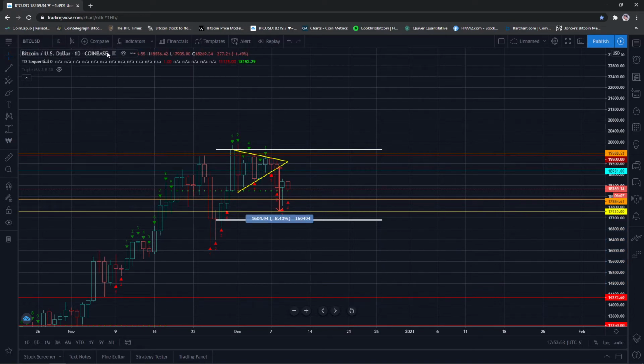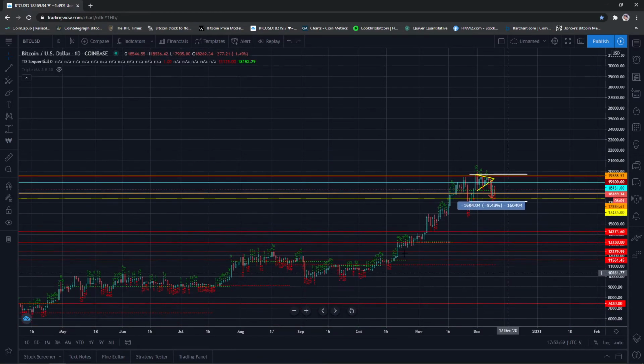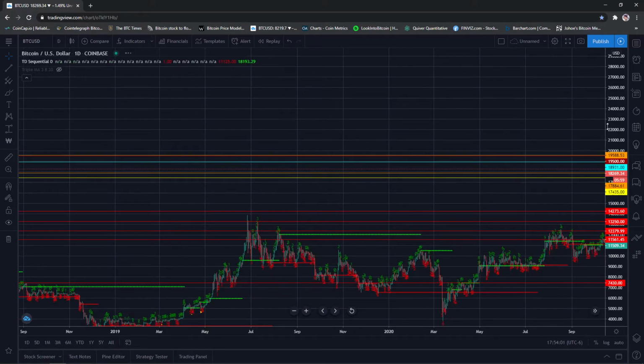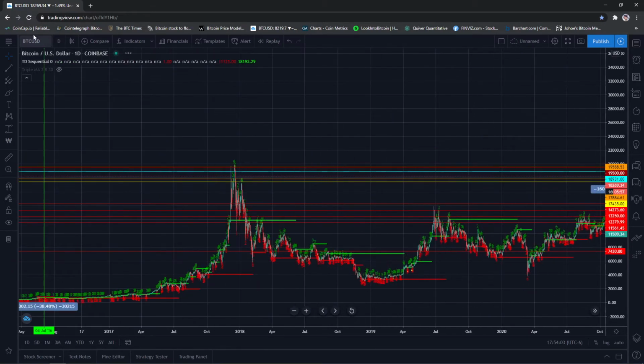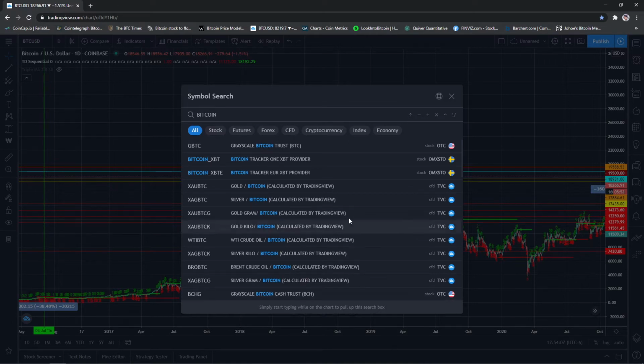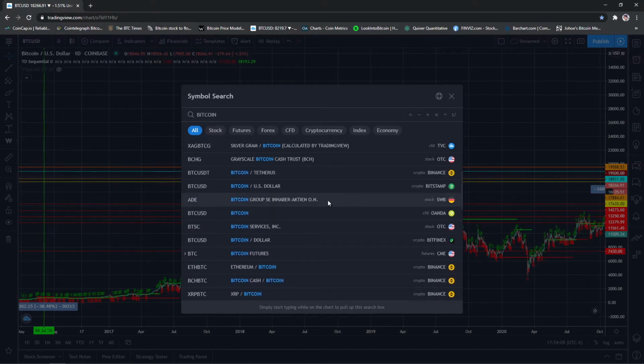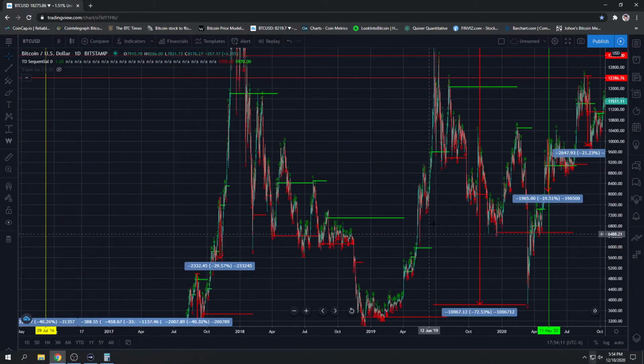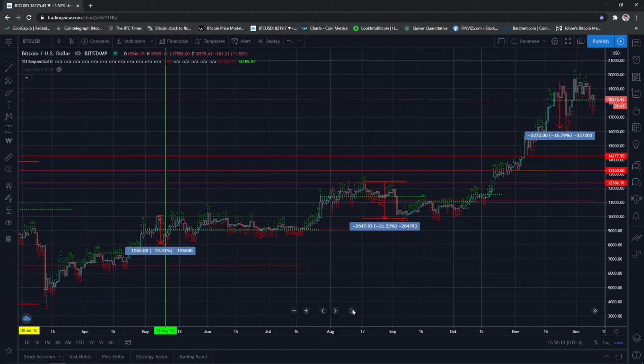I know last time I said I'm going to remember those dates. I don't remember what the dates were, but we were going to look at the Mayer multiple. I don't know if you watched the previous one. I think it was on Bitstamp here. Pretty sure it was on Bitstamp.